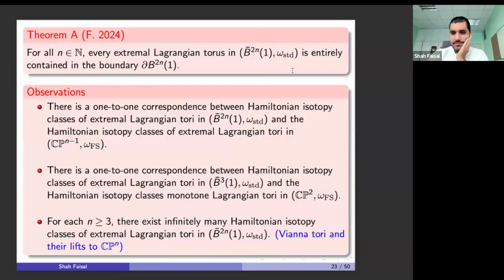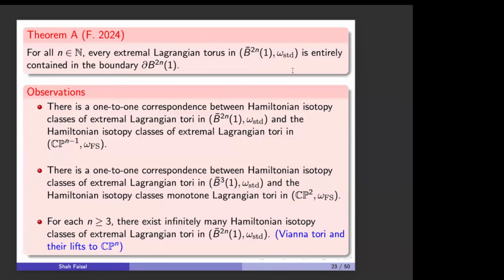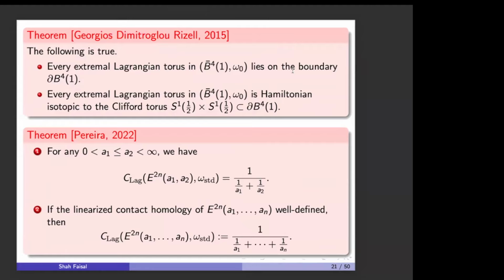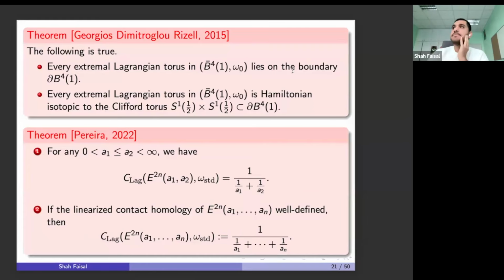Jose, you have a question? Hi. Yeah, thank you for the talk. I have a very basic question, concerning the other conjecture of Cieliebak that you mentioned. Do we know of any example of any convex toric manifold in which extremal Lagrangians are not monotone? You mean something that is different from the diagonal? Yes.